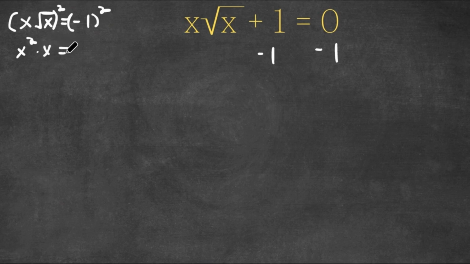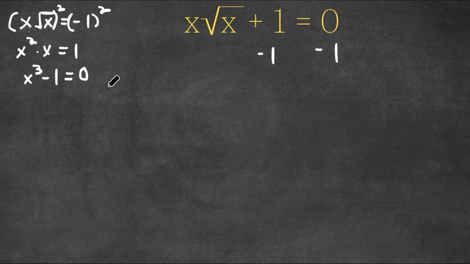This is equal to -1 squared, which is 1. Now, x squared times x is x to the power of 3. And now I'm going to move this 1 back. So now we have x to the power of 3 minus 1 is equal to 0. I moved that 1 just so it could be simpler to square both sides.